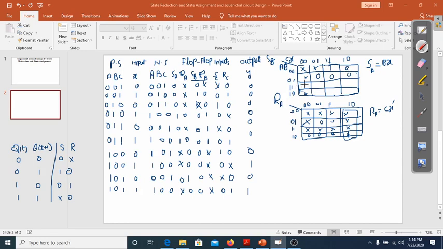And this whole line, these combinations do not exist, so I will use don't care conditions. The remaining whole line is 0.